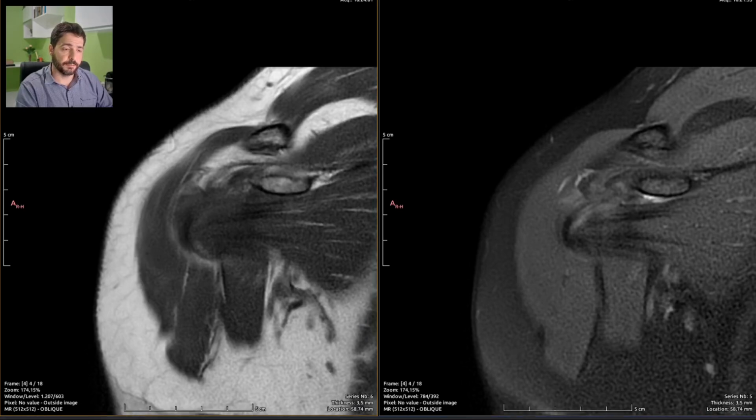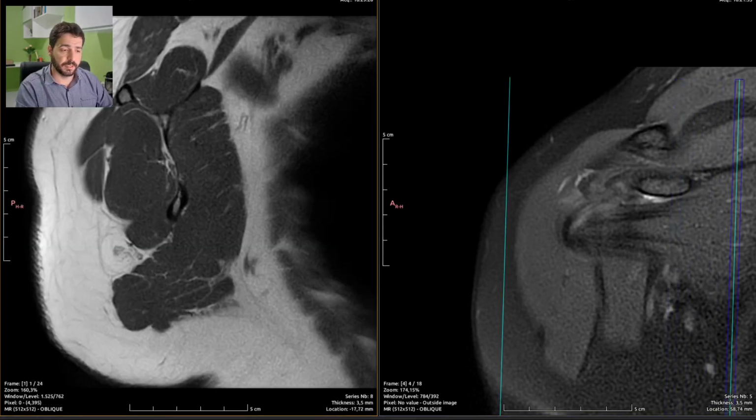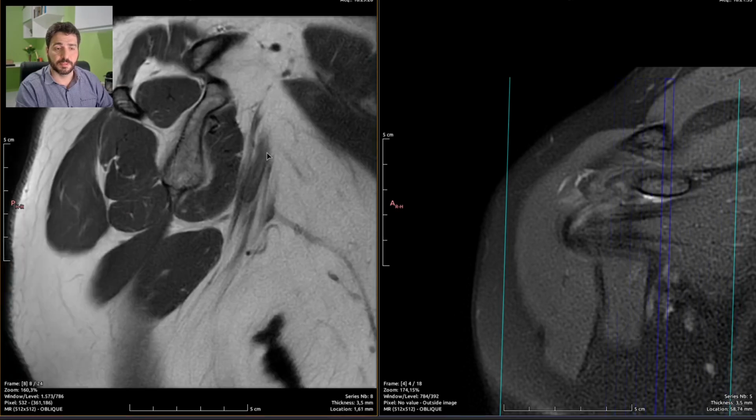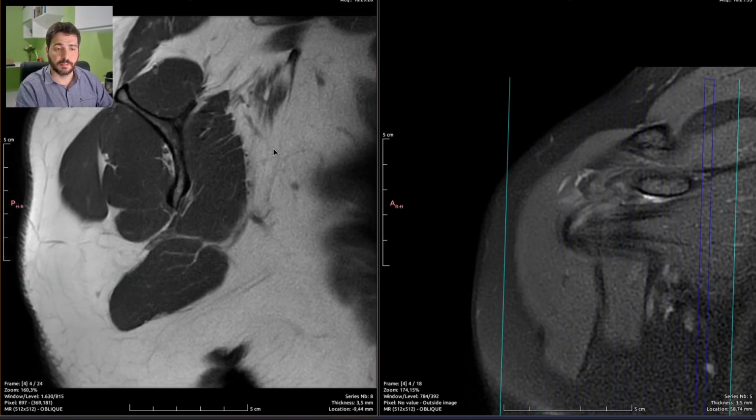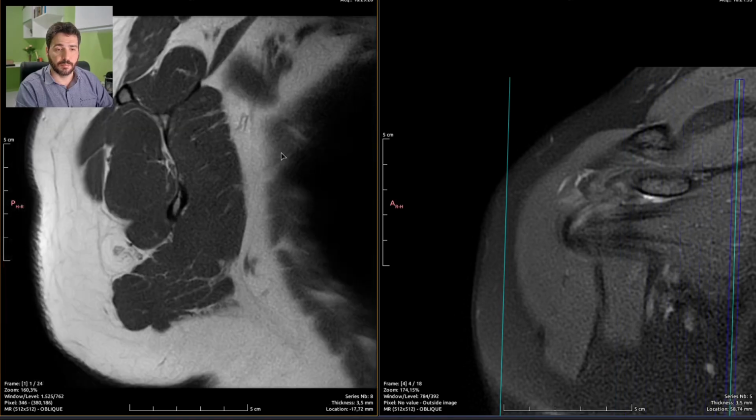Let's see if we can tell if there is hypertrophy of the muscles. Most muscles are eutrophic. They are sized and signal-wise normal.